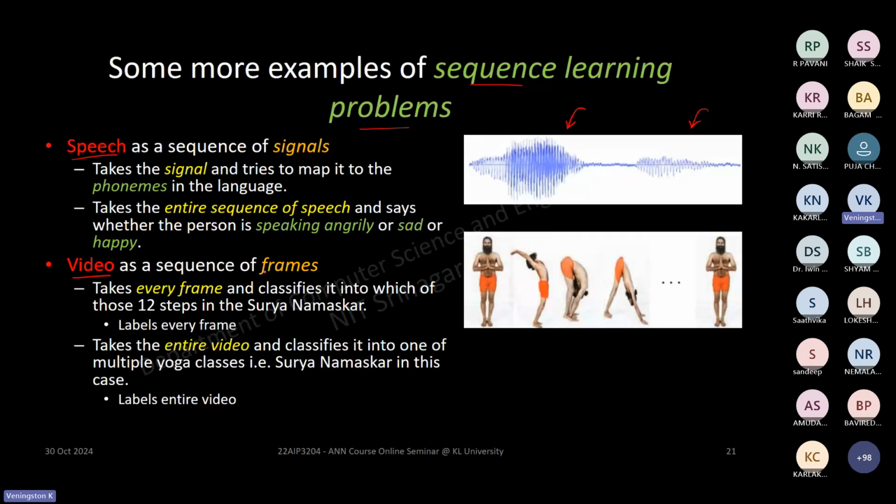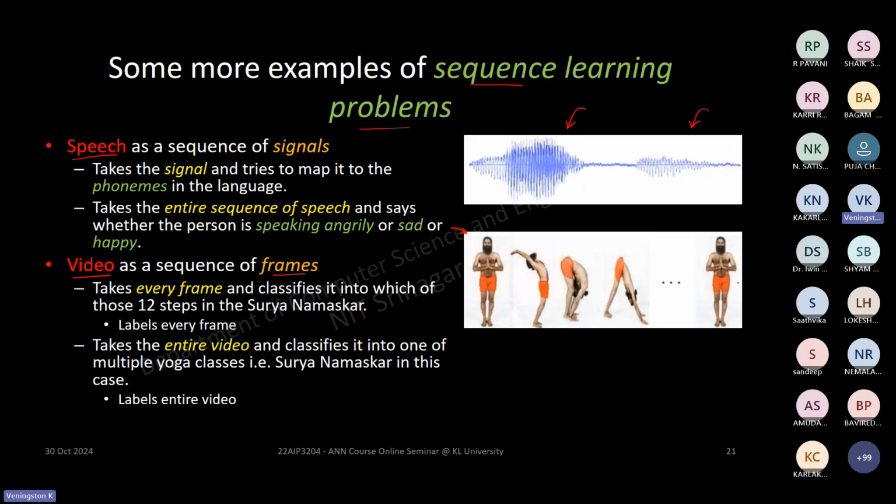And then again, processing video. Video is a sequence of frames. Every pixel in an image is independent, but frames in a video are actually dependent on the previous images. Because a frame is an image in the video, right? A video is made up of a sequence of frames, right?